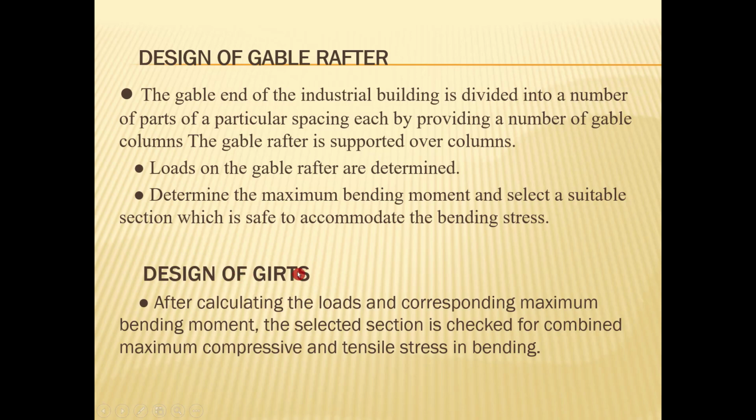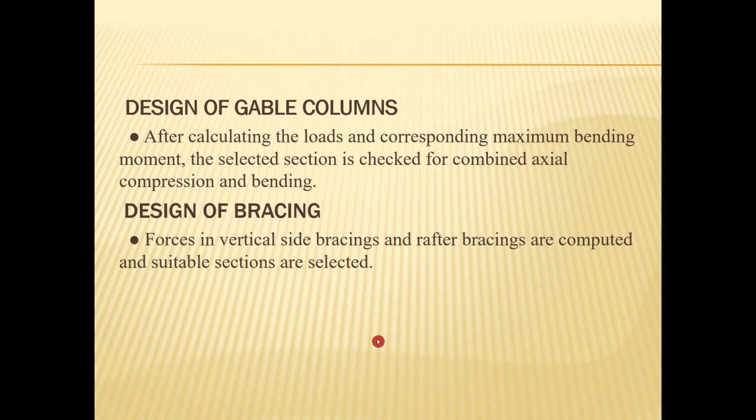And design of girts. After calculating the loads and corresponding maximum bending moment, the selected section is checked for combined maximum compression and tension stresses. And we have the gable columns, which are also the gantry girder columns. After calculating the loads and corresponding maximum bending moment, the selected section is checked for combined axial compression and bending.